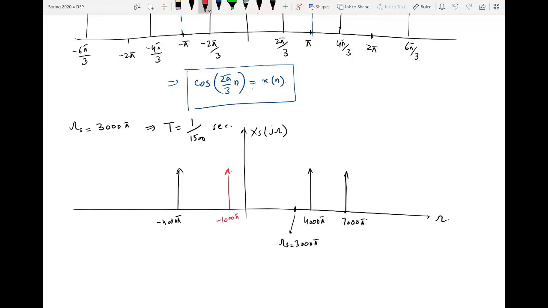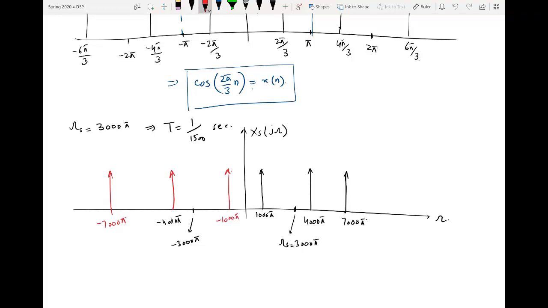Similarly, for minus omega s, meaning minus 3000 pi, the right sided copy will go to 1000 pi, and the left sided copy, and let me use a red color for this, will go to minus 7000 pi. Let me replace this one copy also with red, because these are the left copies.